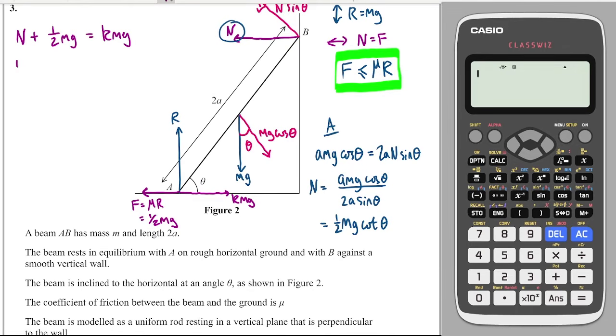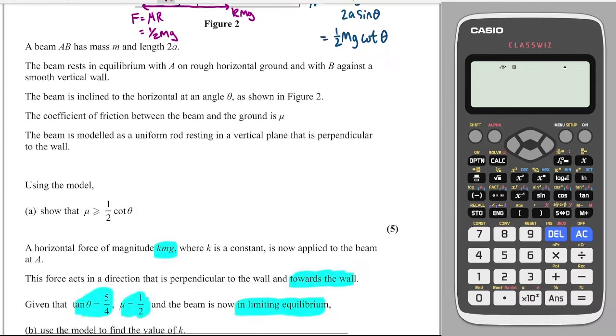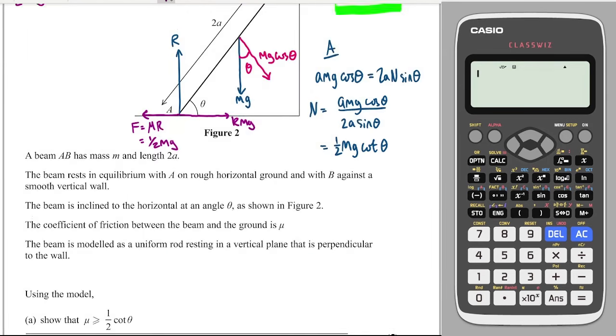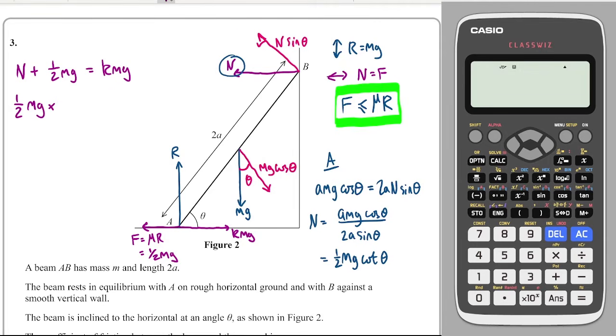And we know that n is a half mg times cot theta, and we know that tan theta is 5 over 4, so cot is the reciprocal of that, so it's 4 over 5. So this would be times by 4 over 5 plus a half mg equals kmg. We could divide each term by mg. A half times 4/5 is 2/5, plus a half itself is 0.9. That's equal to k, so therefore k is equal to 0.9.